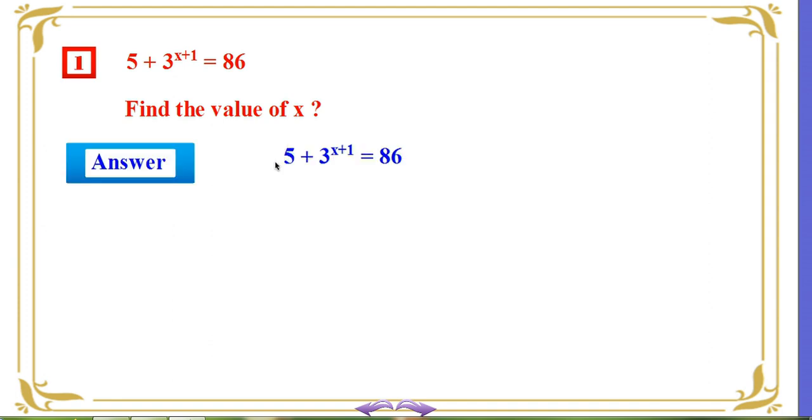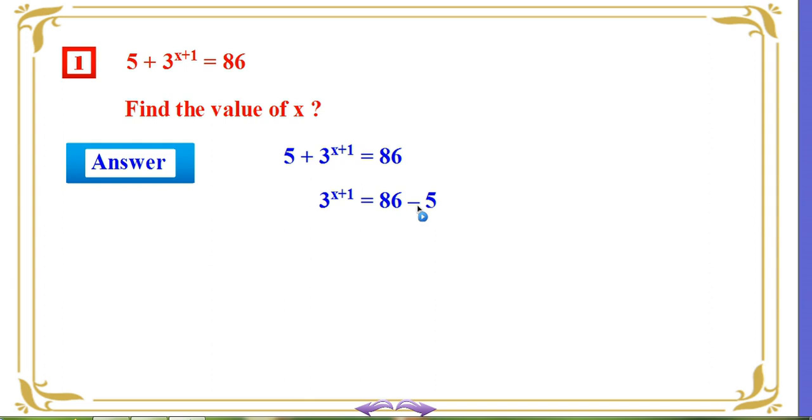First, we keep the term containing x on the left side. The terms that do not contain x, we move to the right. So 3 to the power of x plus 1, we keep on the left side, and plus 5, we move from the left side to the right and change the sign to minus 5.